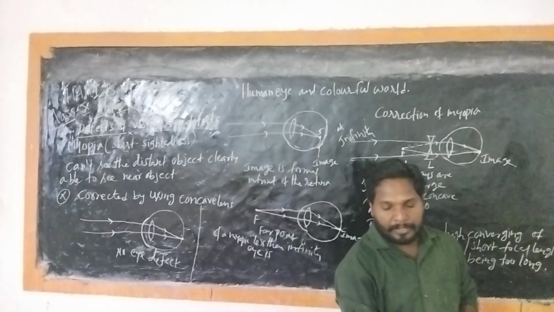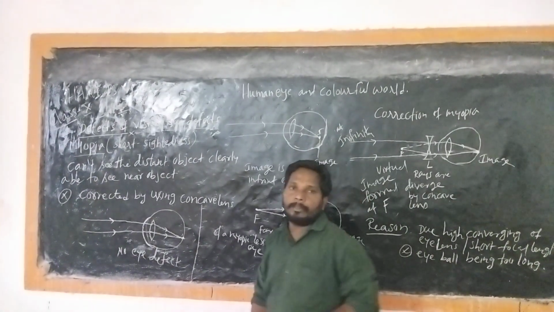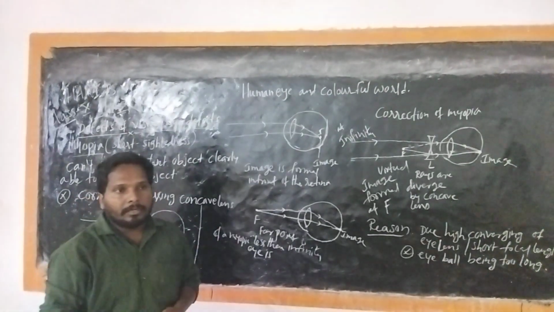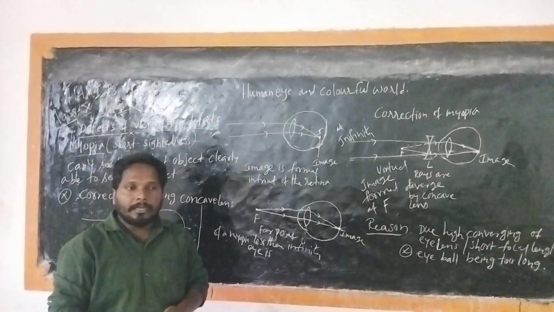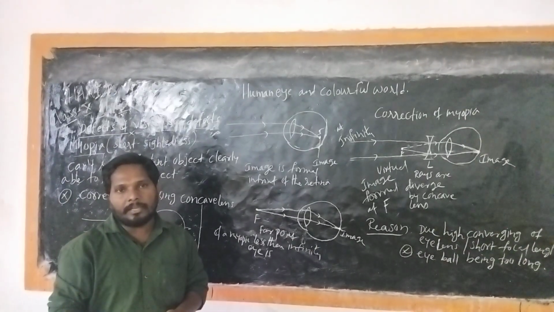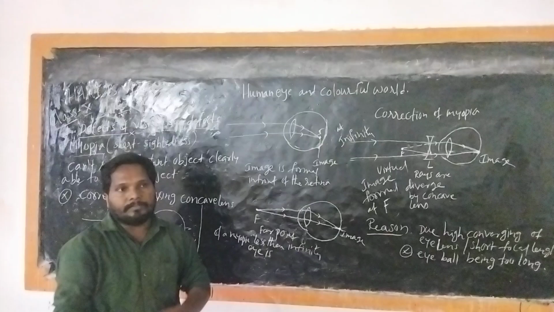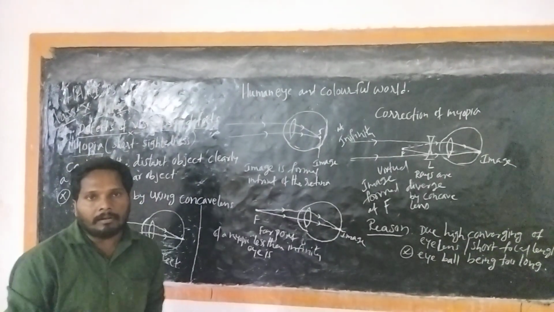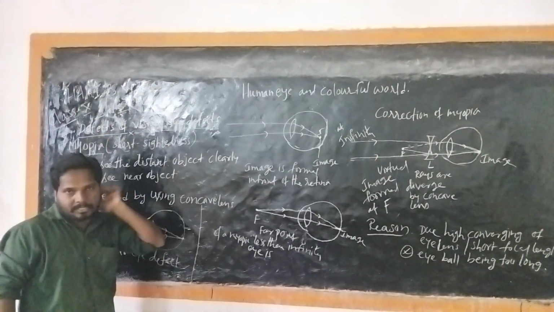Then coming to today's topic. Previously we discussed the human eye, its important parts, and their functions. Now, the next topic in the chapter Human Eye and the Colourful World is defects of vision, or eye defects.